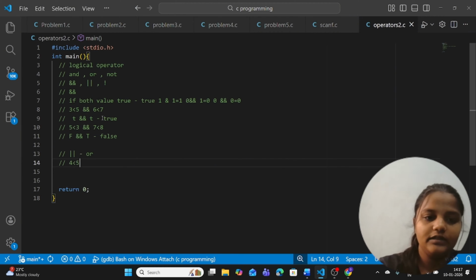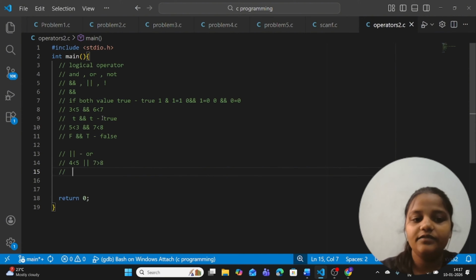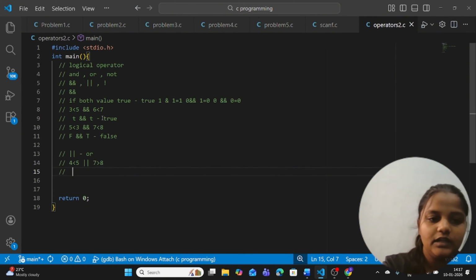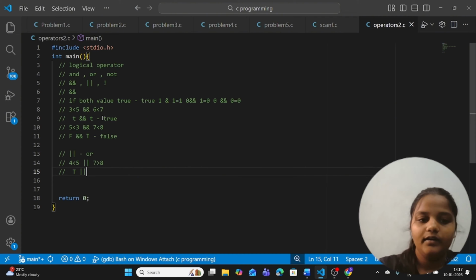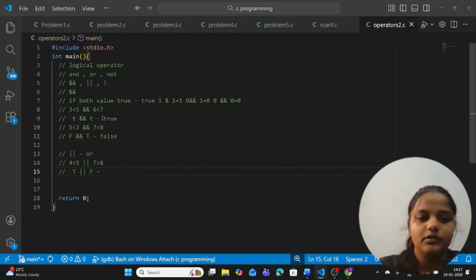See, if 4 less than 5 or 7 greater than 8. Here 4 less than 5 is true because 4 is less than 5, right? Or 7 greater than 8? No, 8 is greater than 7, so this is false. So what will be the output? According to the OR operator, the output is true because we have one value as true.